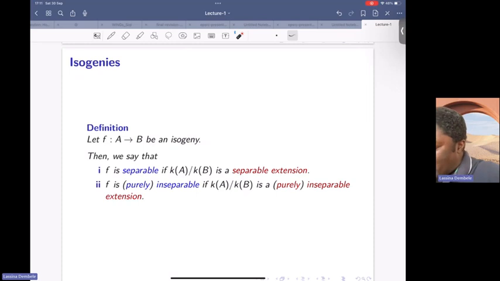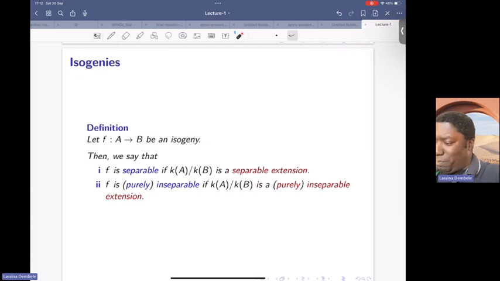And you would say that F is a purely inseparable isogeny if this extension is purely inseparable. So if you understand what it means for an extension of fields to be separable or inseparable, then this characterizes what it means for the corresponding homomorphism or isogeny to be separable or inseparable.